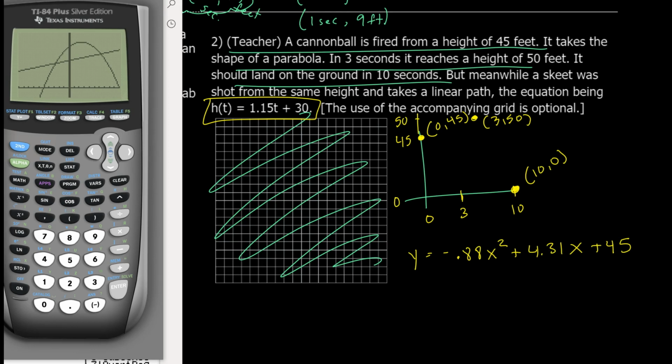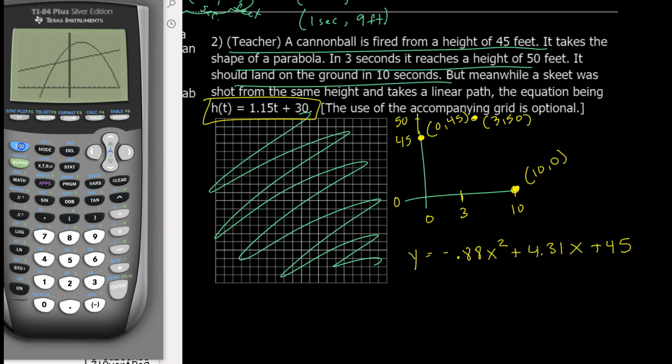Seconds, time. So do both of those intersection points make sense? Why not? Oh, it's negative. What cannot you have? A negative X. Yes.